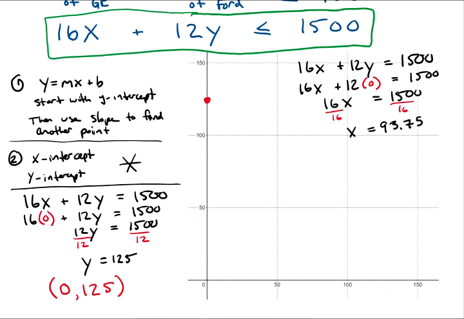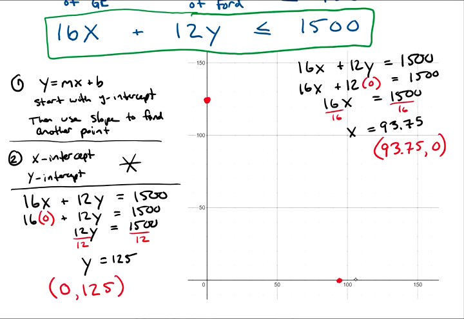So that's the other intercept. When x is 93.75, y is 0. And 93.75 on the x-axis looks like it's somewhere between 90 and 100. All right, so there are our 2 points.